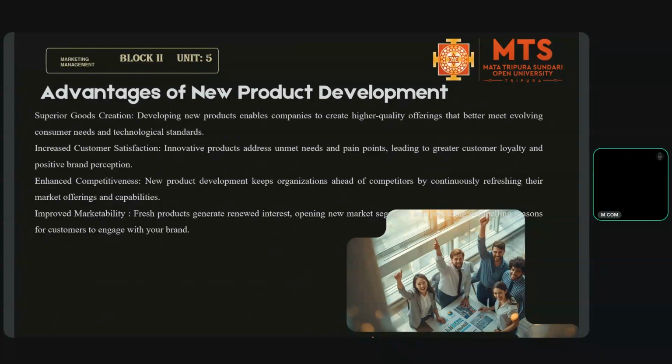Developing new products enables companies to create higher quality offerings that better meet evolving consumer needs and technological standards.